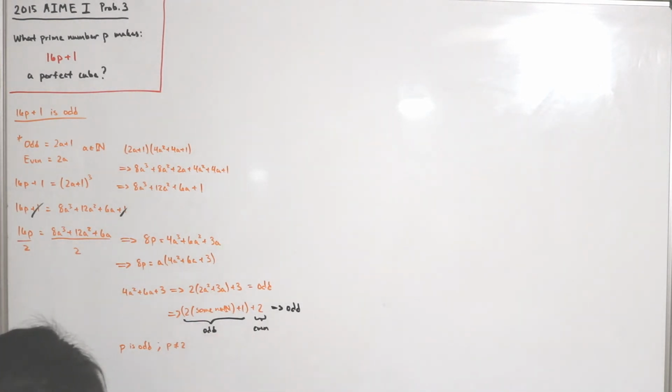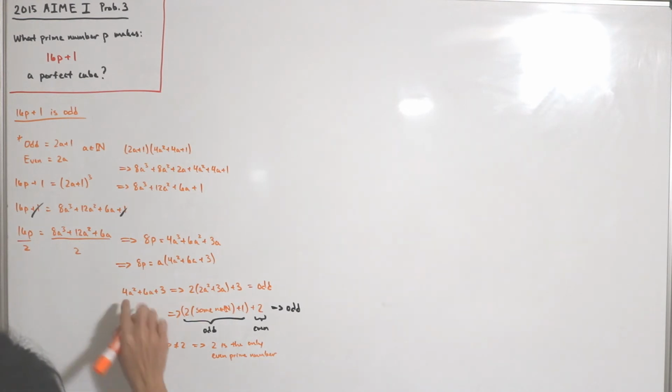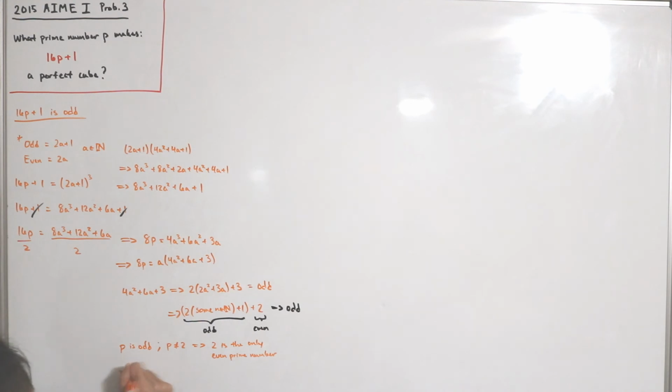Let me just write that: 2 is the only even prime number. So we can conclude that p has to be odd, and therefore p is equal to 4a squared plus 6a plus 3.